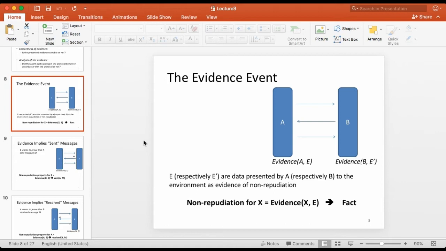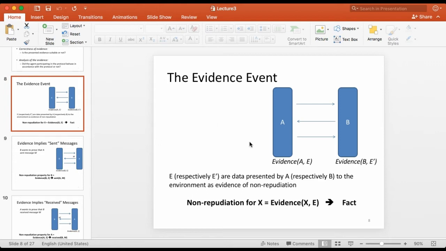They represent events that tell us, at certain stages of the protocol, what kind of information we have accumulated that allows us to make certain conclusions.